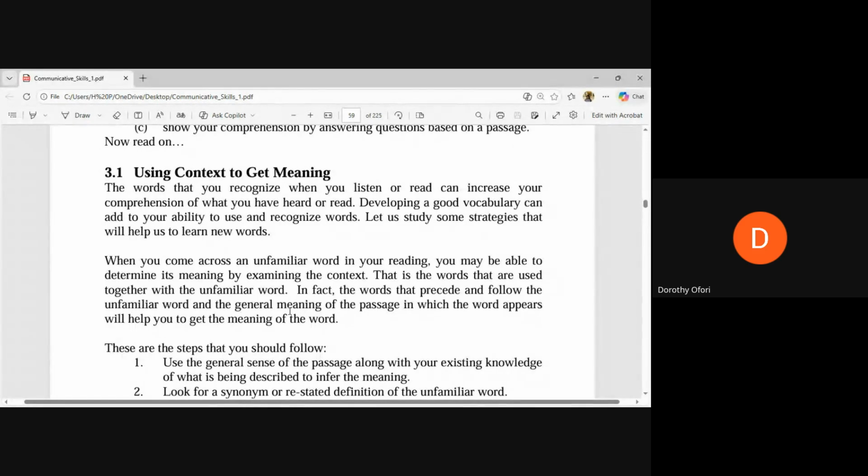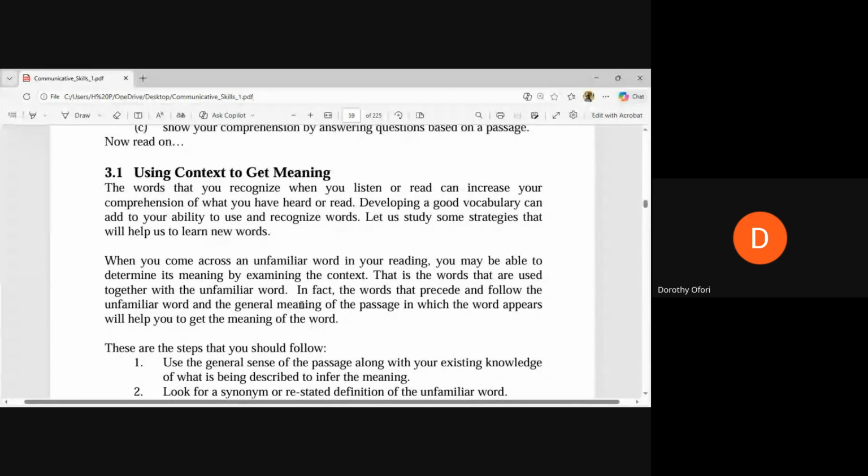So when we read using context, one, we are looking at surrounding words. Two, we are looking at the sentences. If I am looking at the word learn here and I pick learn in isolation to understand its meaning, it may be different, because I need to read the sentence starting from let us study some strategies that will help us learn new words.